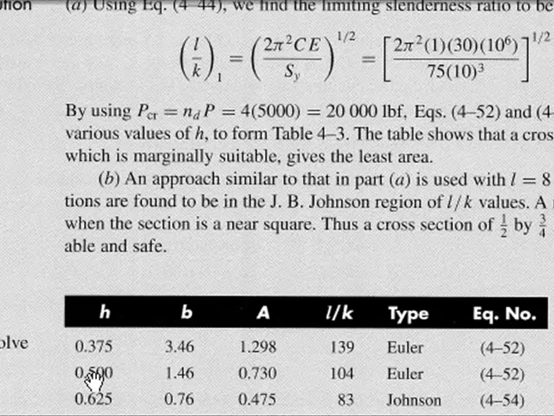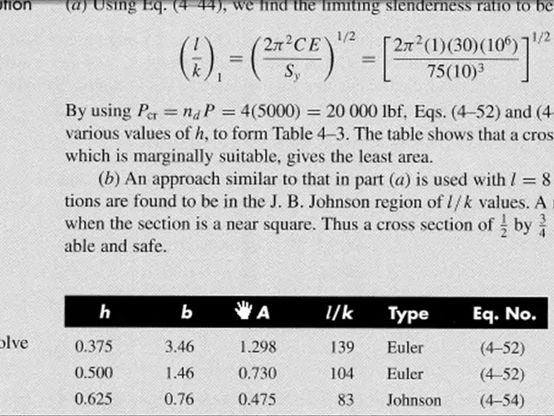Now we made another guess for h. We may have used the Euler formula, customized for design, to get this value of b and find the L over k. It's 104, still bigger than the 88.9. And so if we guessed Euler, then we are still Euler.